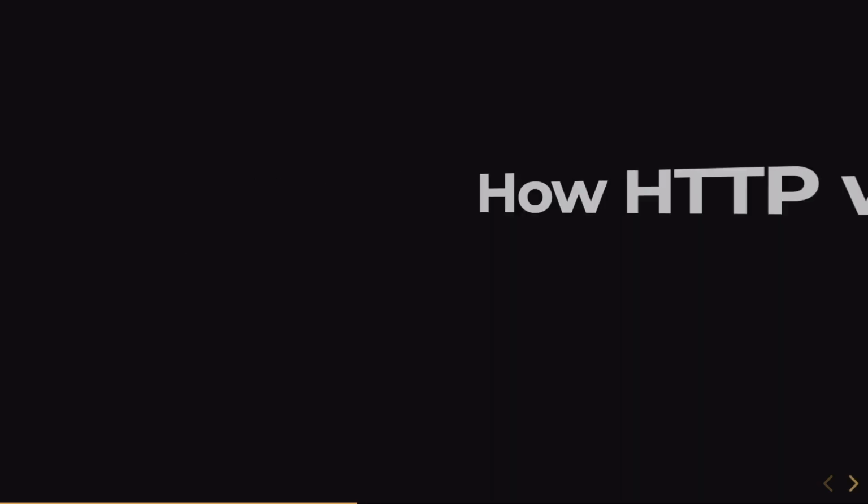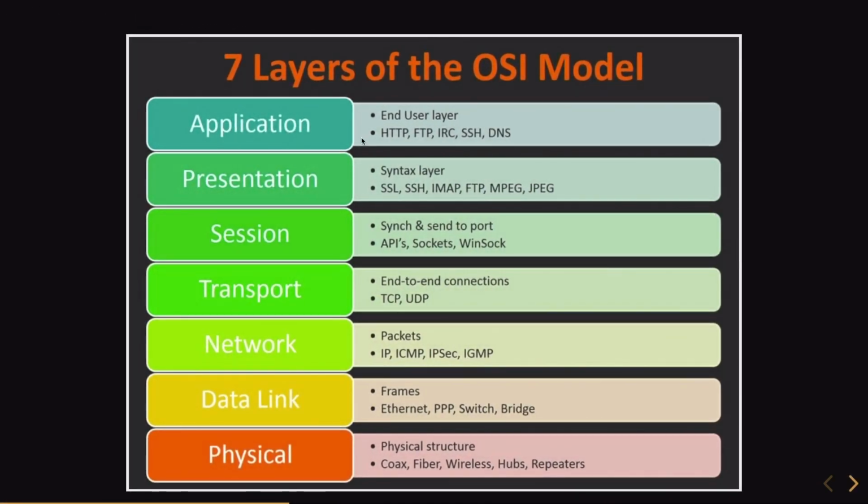And as I told you, HTTP, which is a layer 7 application protocol, uses TCP, which is another protocol in the transport layer. A transport layer protocol handles the transport of packets from one computer to another. So HTTP is built on top of TCP.